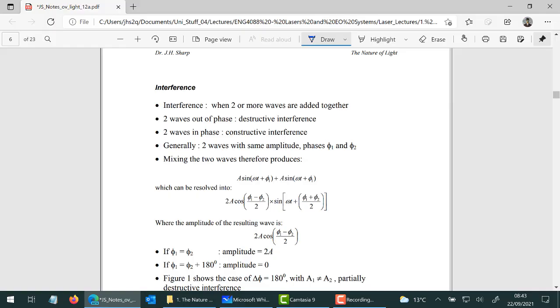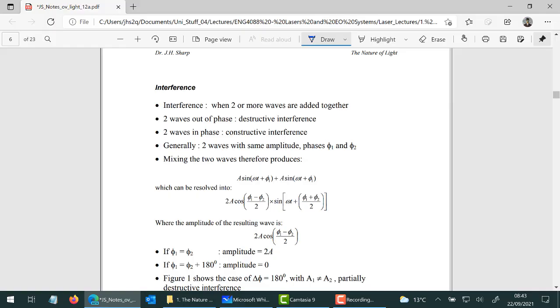Light isn't actually a wave. What we do is we use waves, the mathematics of waves, to describe the behaviour that we see. So it doesn't mean to say that light is a wave, or light is a ray, or light is a particle, a photon. These are just models that we use to describe the behaviours that we see.